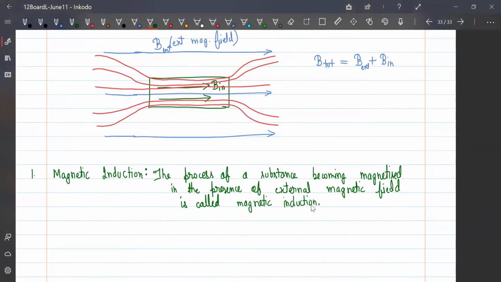So you keep any substance in a magnetic field, it becomes magnetized. The process is called magnetic induction.